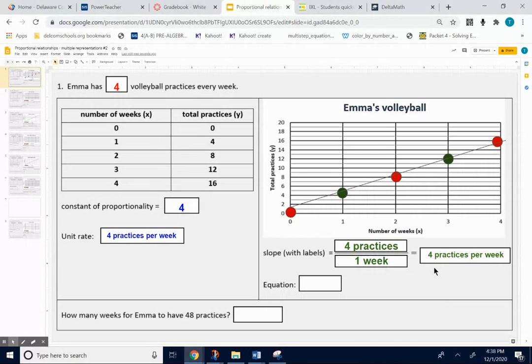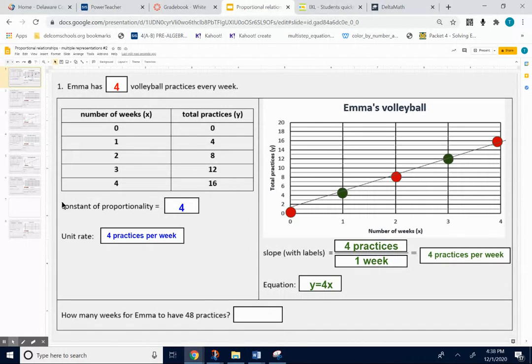4 practices a week. My equation, it's always going to start with y equals, and then I'm going to put the slope or the constant of proportionality in next, which was 4, and then x. Y equals 4x. And a little reminder, why is the equation y equals 4 times x?